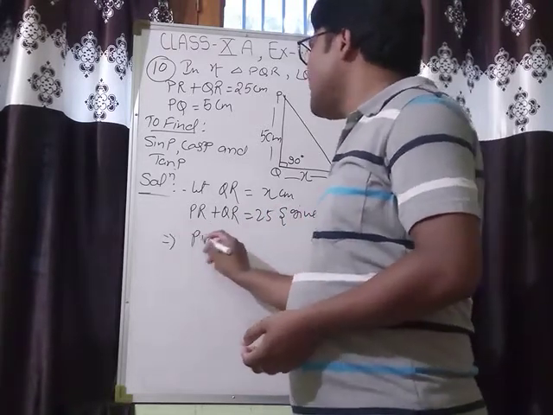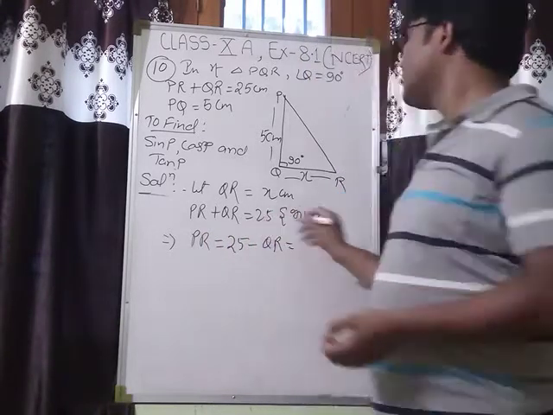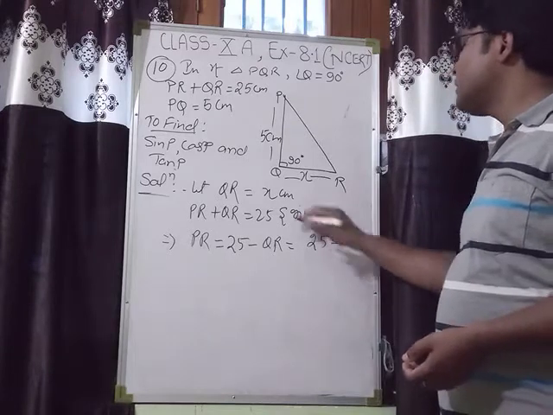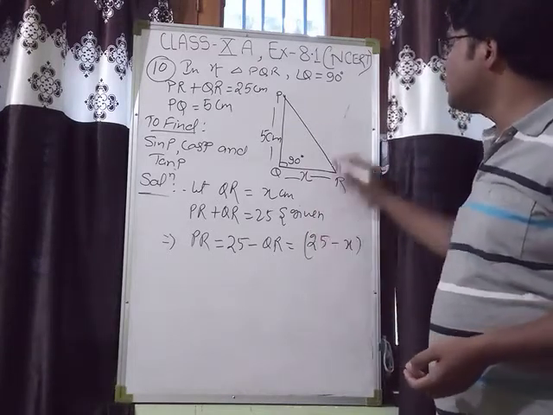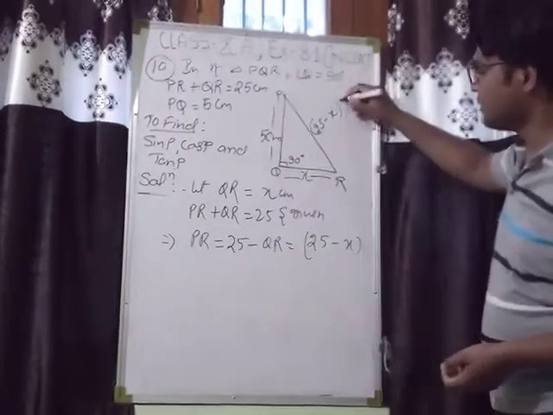So from here PR is equal to 25 minus QR, and QR is X. So this one is 25 minus X centimeters.